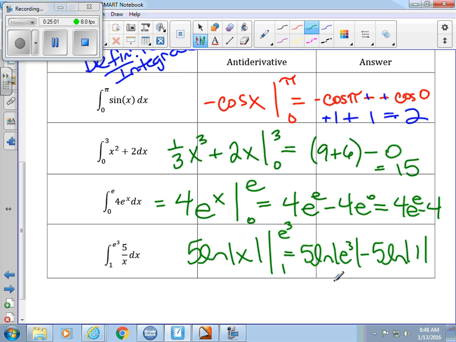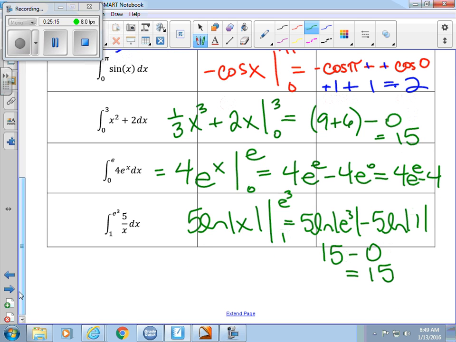What's the natural log of e cubed? 3. How do you know it's 3? Good. So that's 15. What's the natural log of 1? I bet that was on a mastery exam at some point, wasn't it? So 15 is the exact area under that curve.